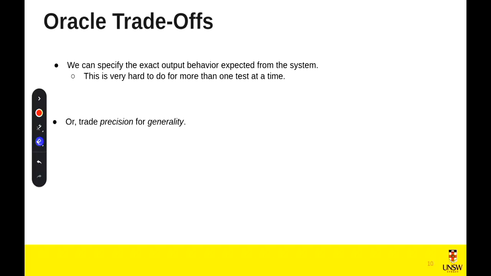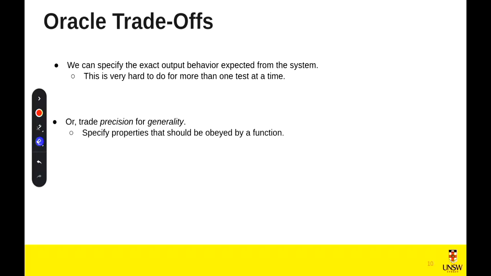This is very precise because we are manually designing the expected output for a particular input. Or we can trade this precision for generality. So we can come up with some test oracles that could be applicable to multiple test inputs.